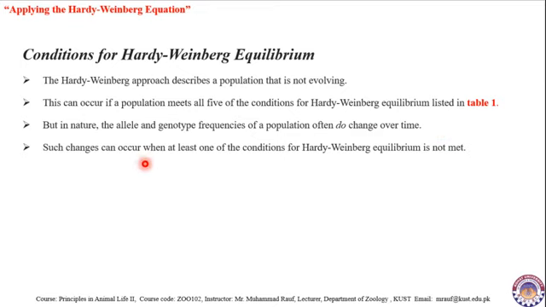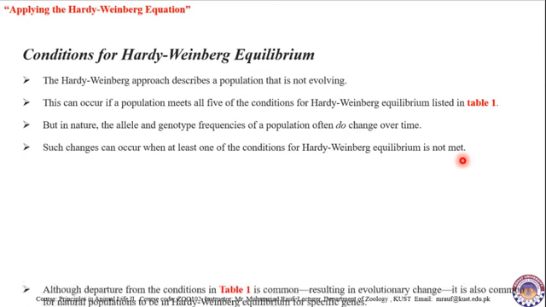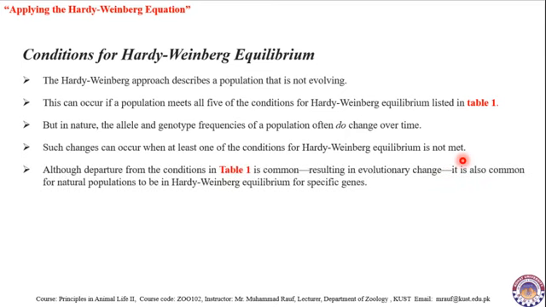Such changes can occur when at least one of the conditions for Hardy-Weinberg equilibrium is not met. Although departure from the conditions in table 1 is common, resulting in evolutionary change, it is also common for a natural population to be in Hardy-Weinberg equilibrium for specific genes.